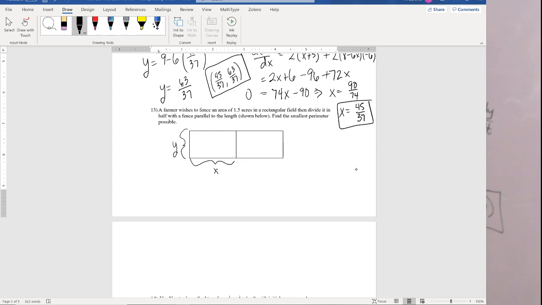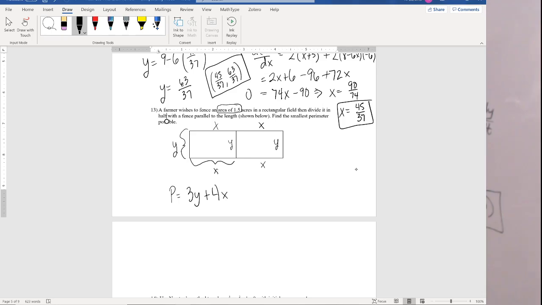So we want the smallest perimeter, so we need an equation for the perimeter. The perimeter is going to be 3 of these y's plus 4 x's. And then we're given the area, that's the total area.